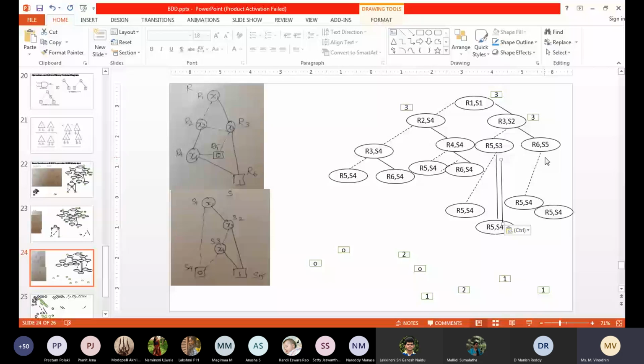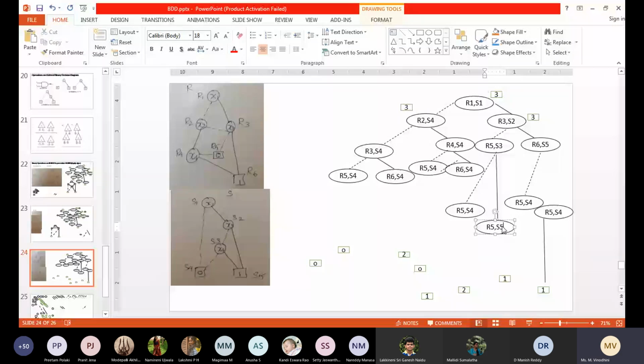R5 is a leaf node. So this is also R5. S3 when it is 0 goes to S4, when it is 1 it goes to S5. Now R5 S4 is a leaf node. R5 S5 is a leaf node. Coming to R6 S5, R6 S5 is a leaf node. So this is not required, right?